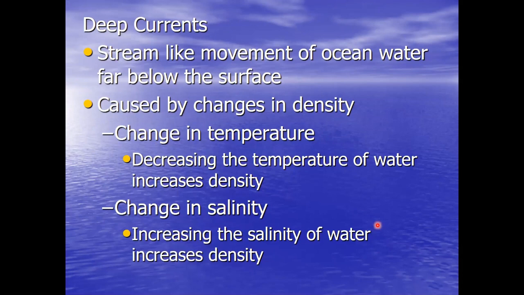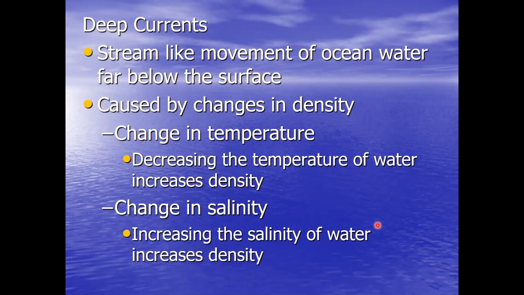Deep sea currents are a little bit different, okay? They're the stream-like movement of ocean water far below the surface, and these are driven by the changes in density. So as water goes to the poles, the temperature is going to decrease, which is going to make the density higher. So it's going to sink to the bottom. And then as it gets to the equator, it warms up, and that's going to cause it to rise.